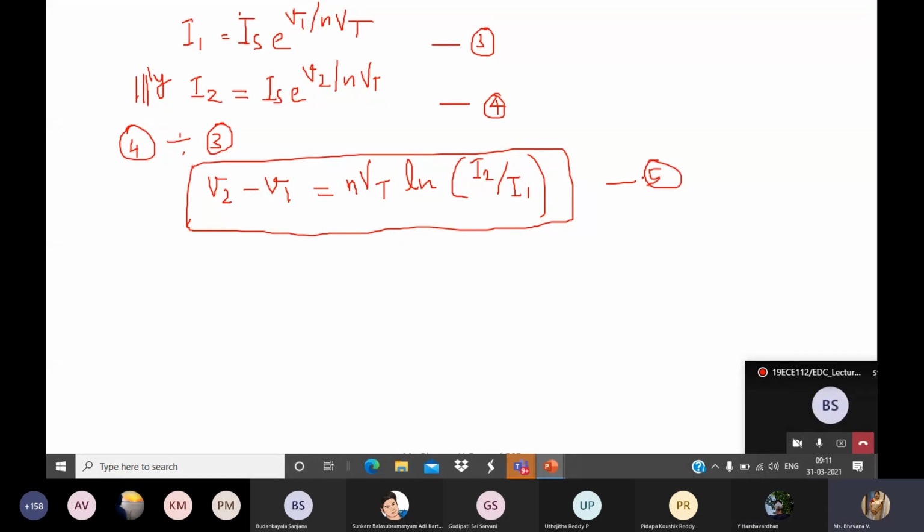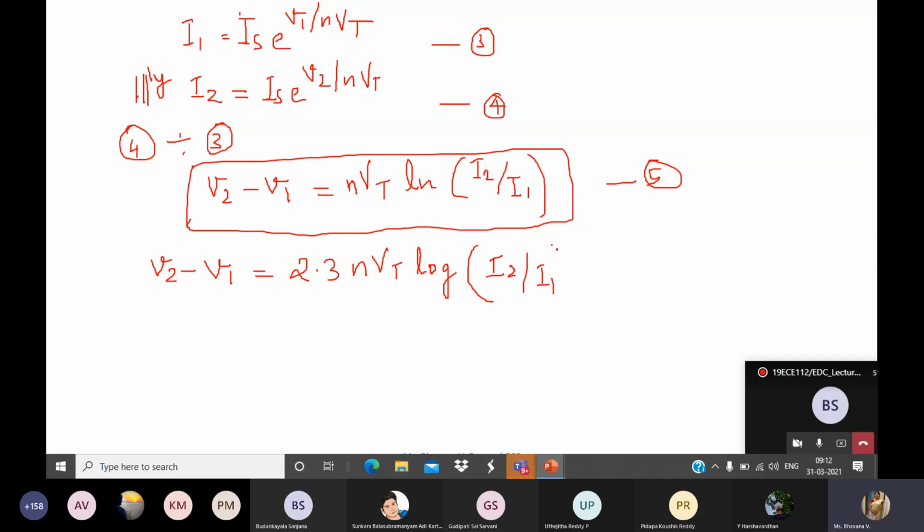Now note down. Representing this in terms of base 10 logarithm. That means the natural logarithm I need to convert to base 10 logarithm. How will you convert? Multiply by 2.3. So 2.3 into nVT, ln becomes log.